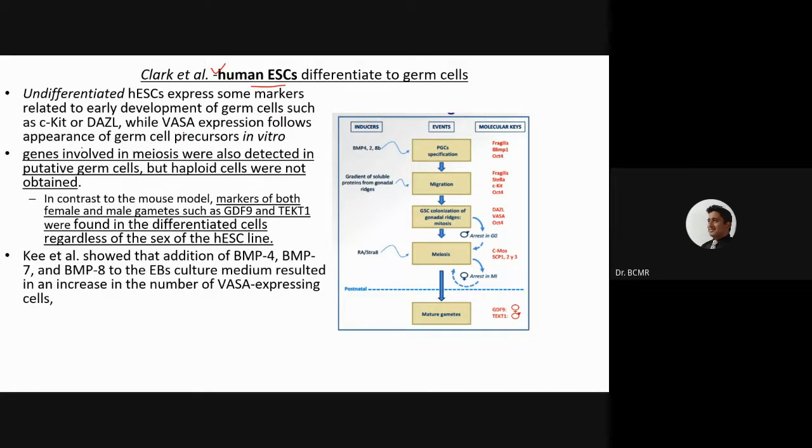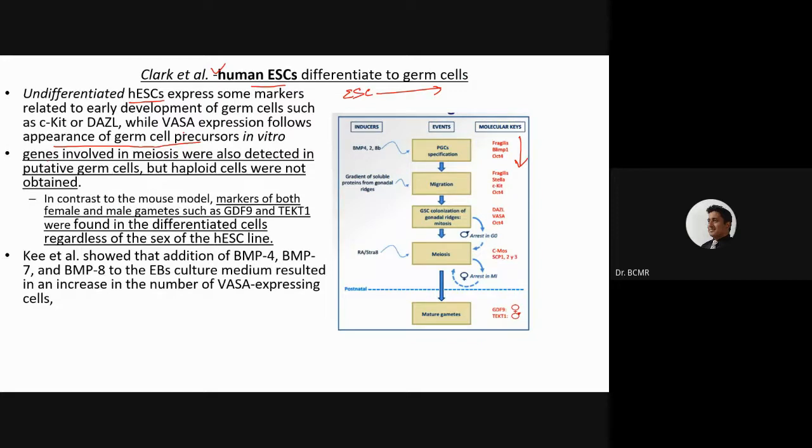Vasa expression following the appearance of germ cell precursors. They have taken embryonic stem cells, and then they have grown them, and they've kept tracking these markers. And then those cells were taken and they tried to analyze what is happening.